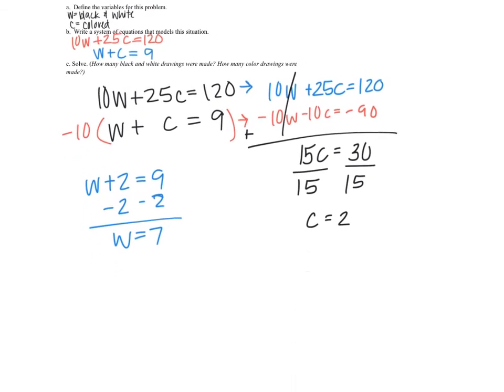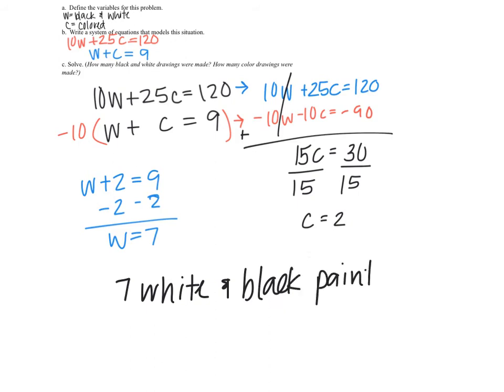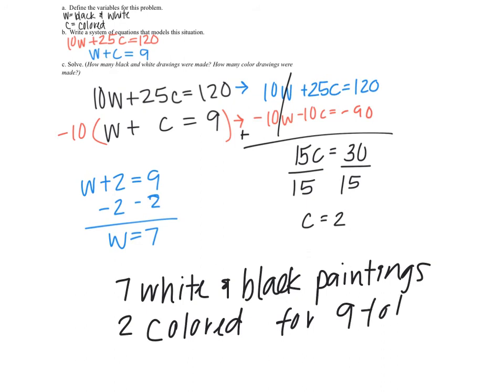I'll go ahead and write that out for you. 7 white and black, 2 colored for 9 total paintings.